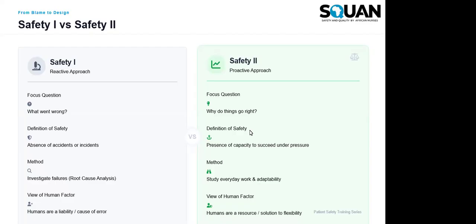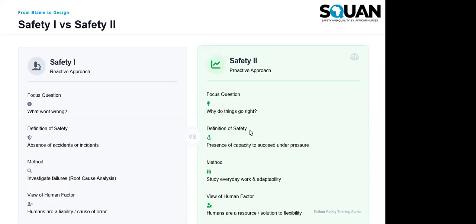Because if you saw 500 patients last month and you had one incident of wrong medication given, many times as leaders, we focus on that one medication that was given wrongly and forget about the 499 medications that were given right.